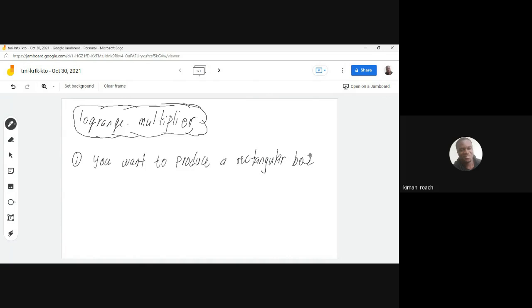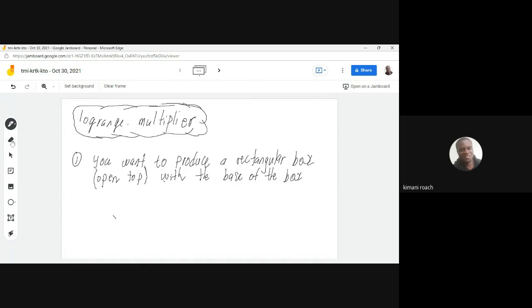And this box is going to be an open top rectangular box. But before we touch into that, let's just fix this up a little bit.